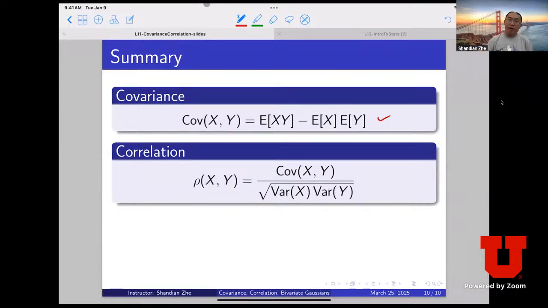This covariance, however, is not scale invariant. That means whenever you scale x and y by some factor, your covariance will change. To address this issue, we normalize the covariance by the product of the standard deviations of each individual random variable. We get the correlation, which is scale invariant.